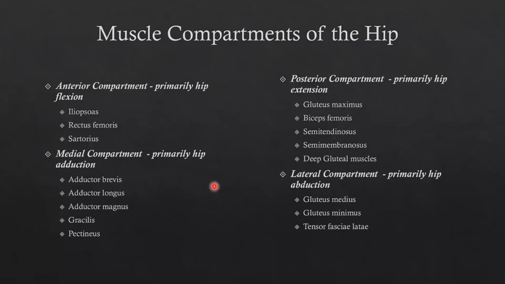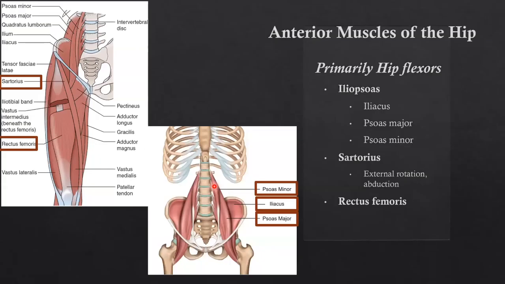Internal and external rotation is a little more nuanced, but a good starting point is to organize the muscles that I'm about to speak on in these components, so you have a nice starting foundation of what they do. Starting off on the anterior side, our anterior muscles of the hip will be our iliopsoas, our sartorius, and our rectus femoris muscle. These muscles will be mainly responsible for flexing at the hip.